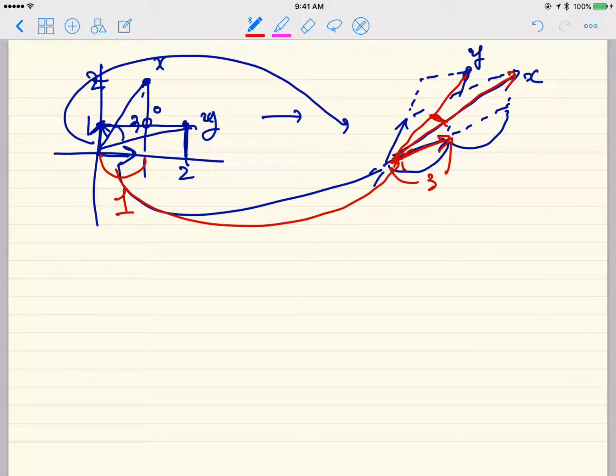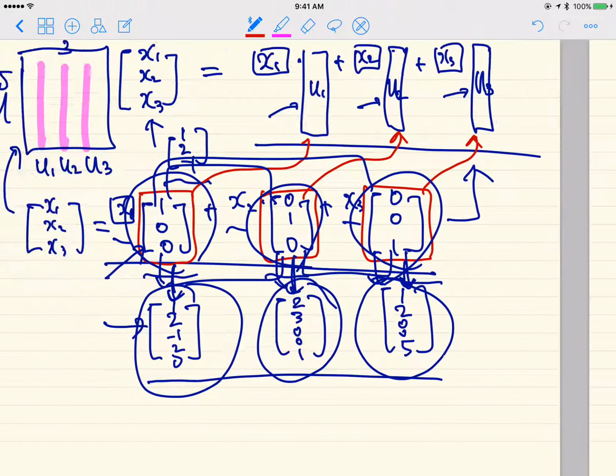Suppose this vector was x, and this was the mapped vector, then the length of this vector will become larger. Okay, so this is a high-level geometric understanding of this property.